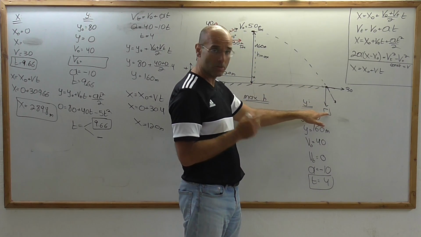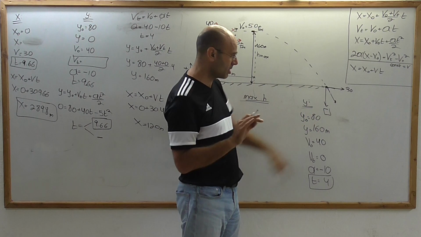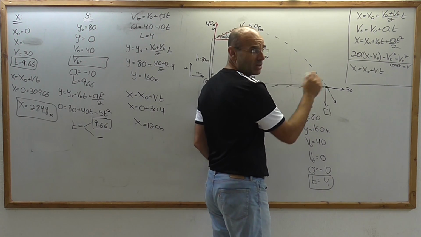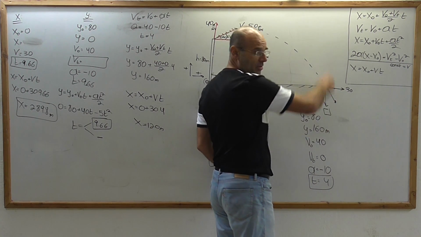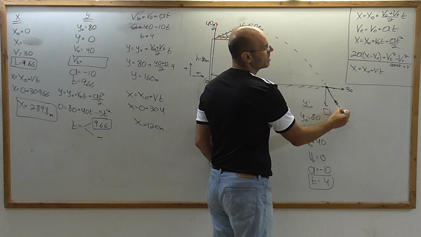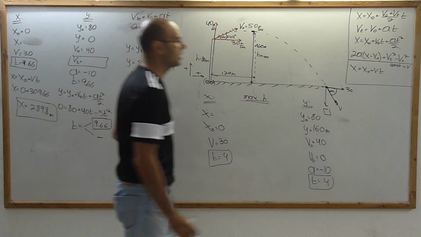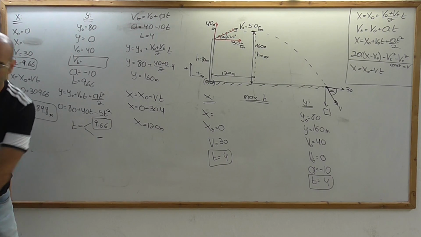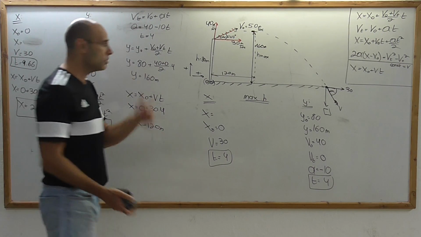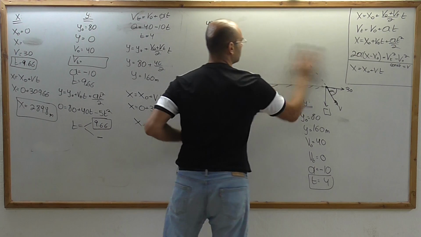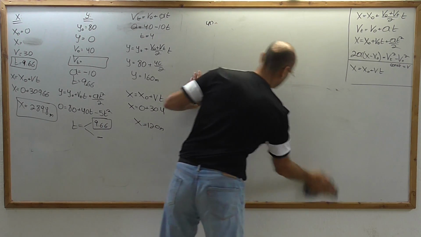We write it with positive numbers. The minus just says that the direction is down here. And then we calculate the resultant velocity and the angle if you want, exactly the same as we did before. Okay, more.